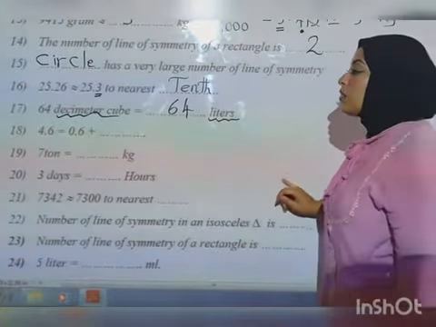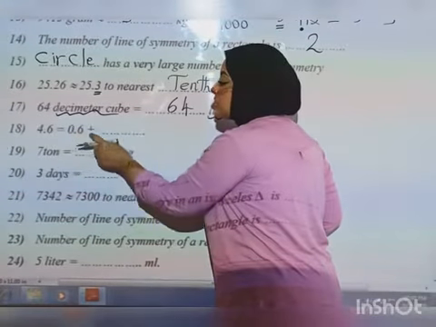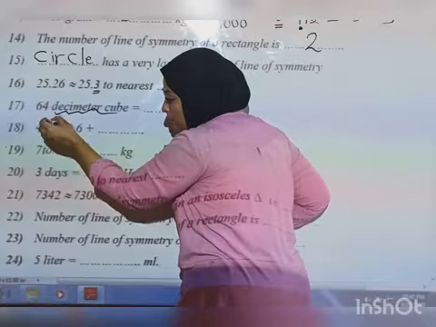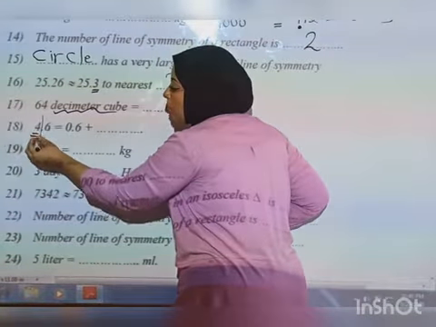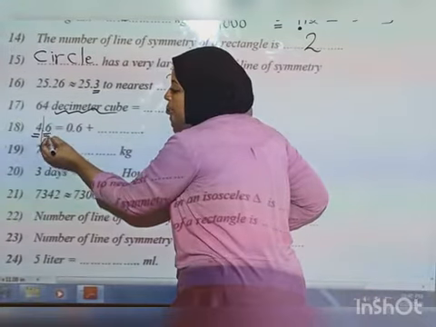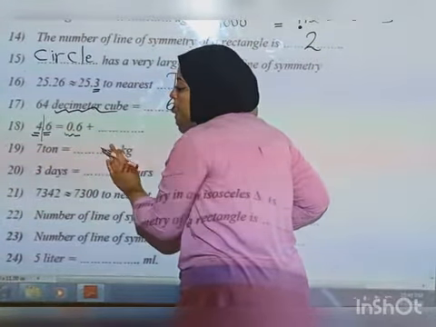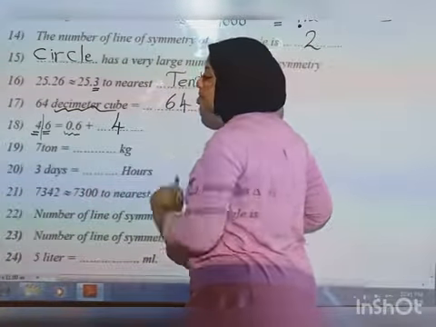In number 18, we have 4.6 equals 0.6 plus what? Here, if we divide this number, it will be 4 as a whole part and 0.6 as a decimal part. So here, we take the decimal part plus the whole part, which is 4.